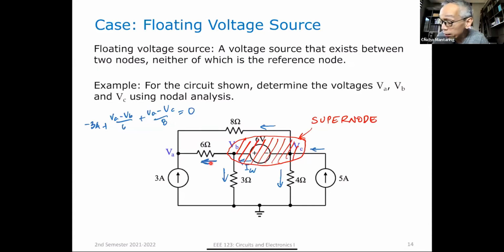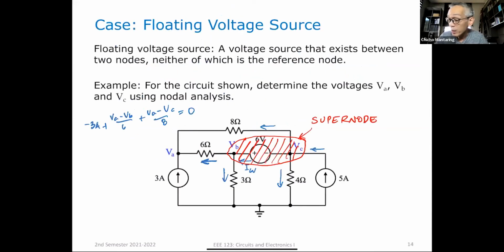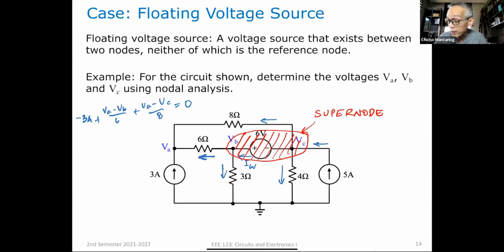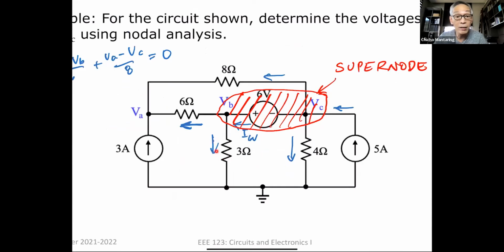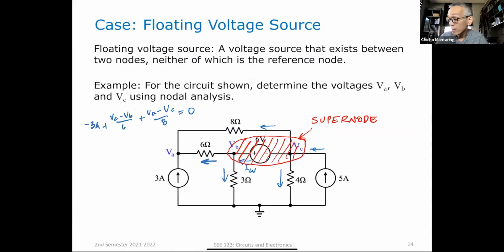So what is this current? This current is VB minus VA over 6. What is this current here? That's just VB over 3, plus VB over 3. What is this current here?